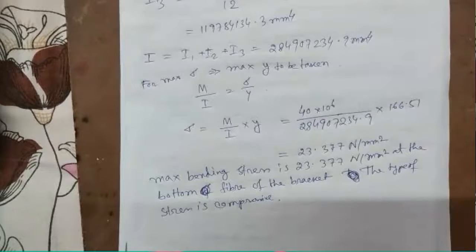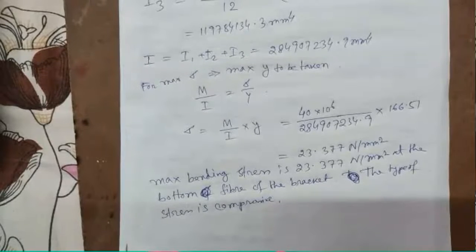Okay, so in case of unsymmetrical beams, the extra thing you have to do is to find out the neutral axis, as well as the moment of inertia of the whole cross section. That is the difference. The rest of the things are the same.